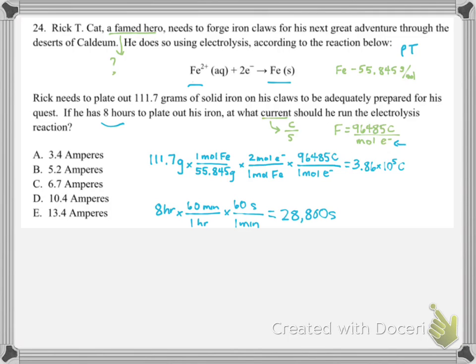So then our current is just going to be our coulombs per second.